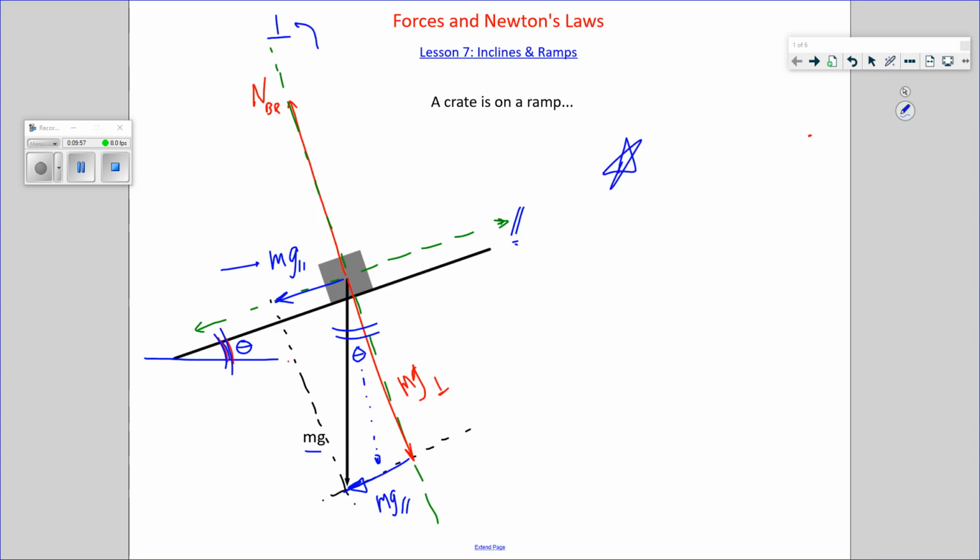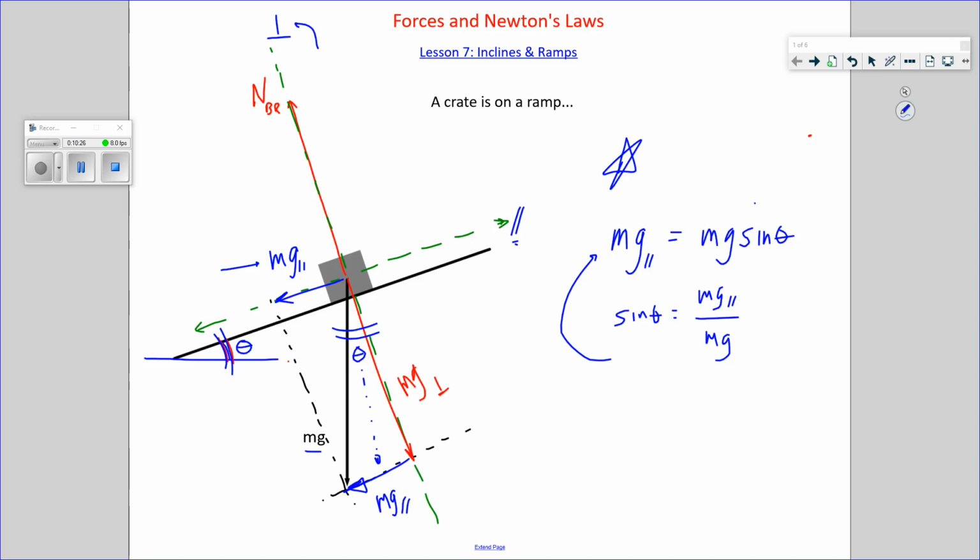So the things you must be able to recognize for an object on an incline is that there is a component of mg parallel to the incline that we find using mg sine theta. As a little proof, and if you don't want to write this, don't write it, notice sine theta is opposite, mg parallel, over hypotenuse, mg.